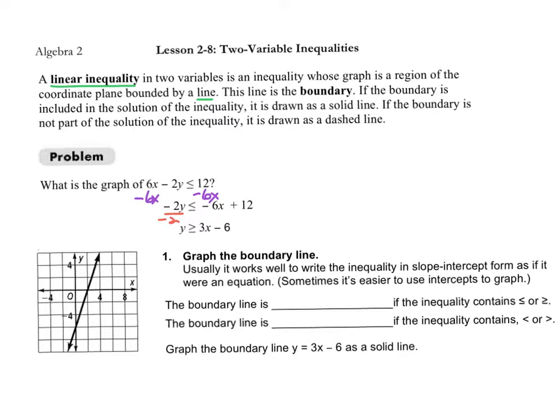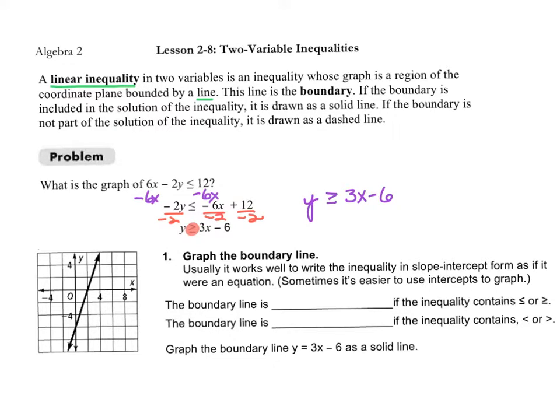Remember that when you divide or multiply an inequality by a negative number, the symbol flips. So right here, that turned into a greater than or equal to. So now we have the inequality y is greater than or equal to 3x minus 6.